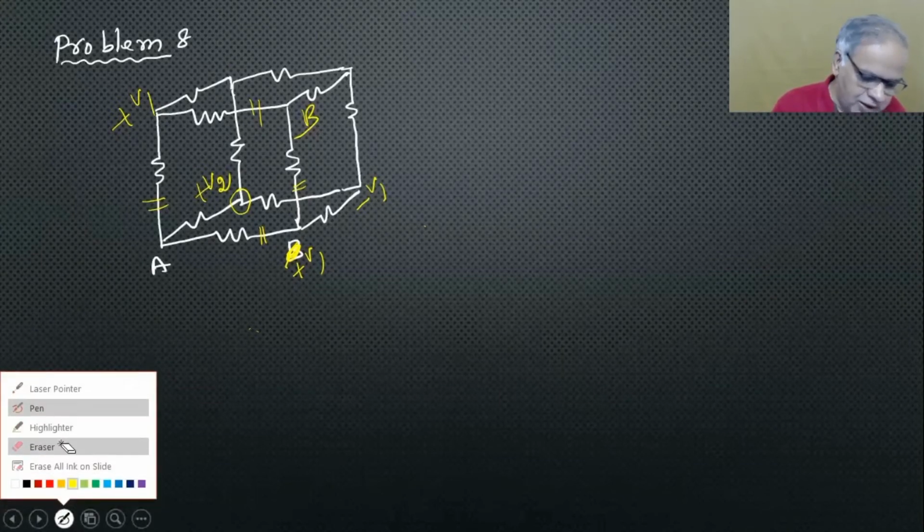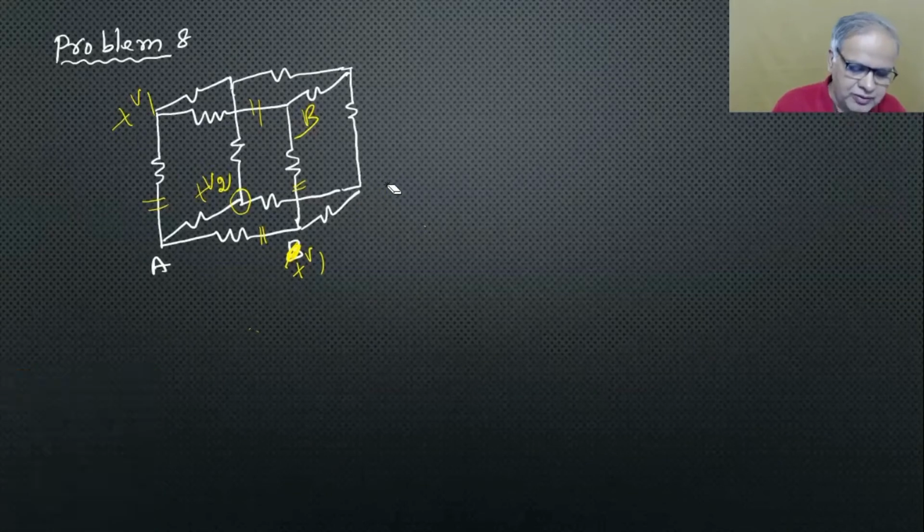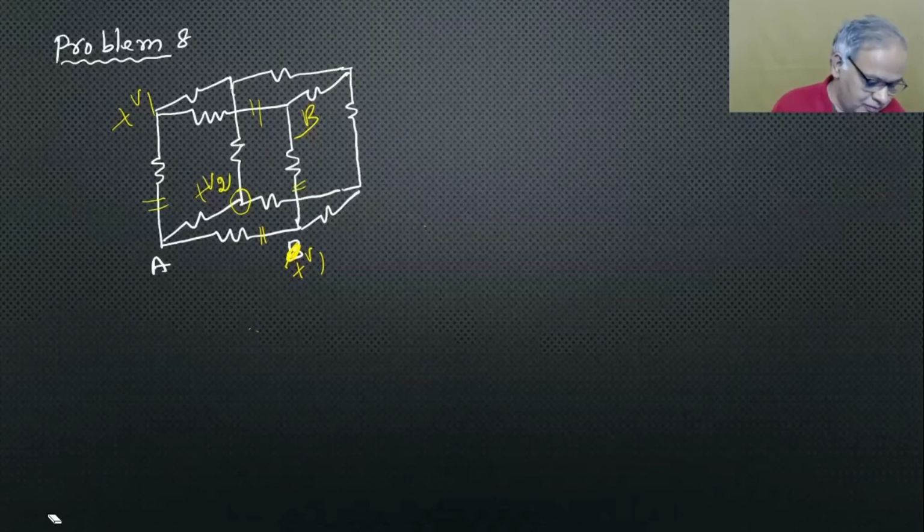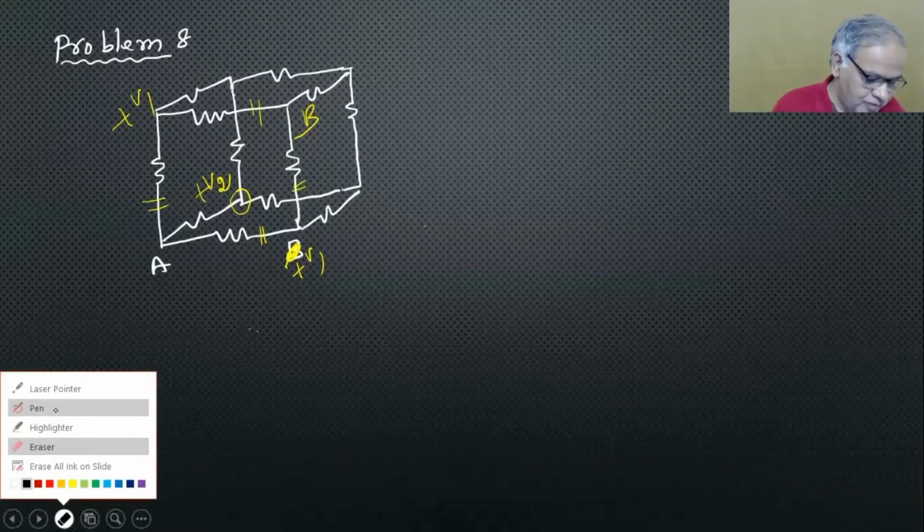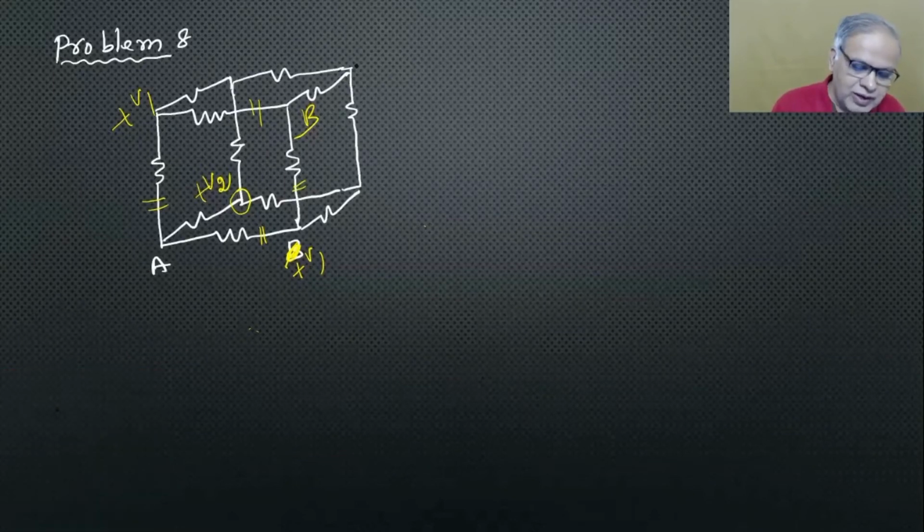Otherwise I'm not going to put anything. From B, how should I do? Sir, those two will be minus V2, sir. Which two? Sir, adjacent points of B, that would be minus V2. This one? That will be minus V1. This one? Yes, sir. All right.